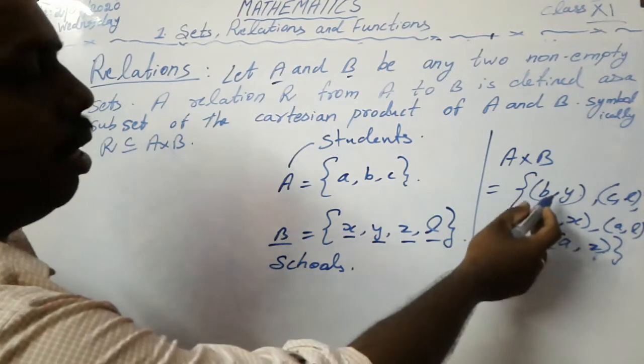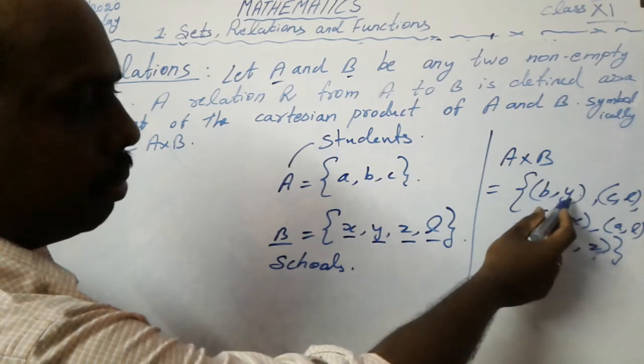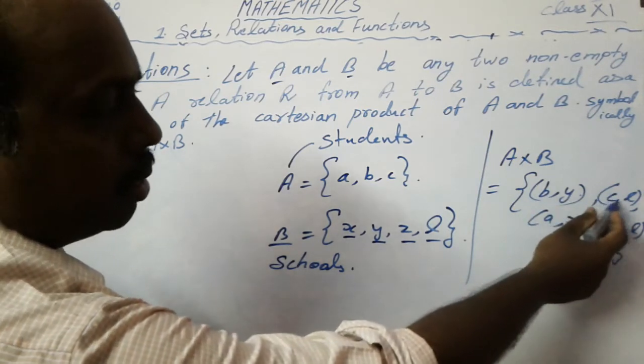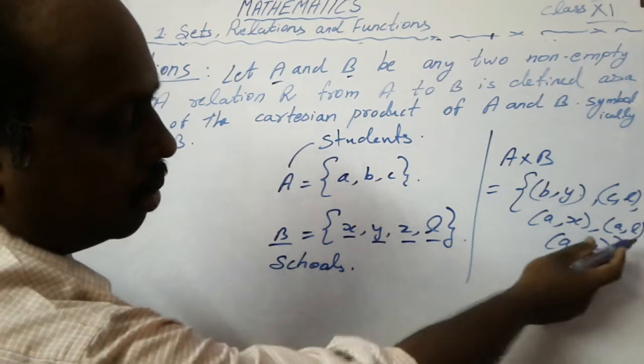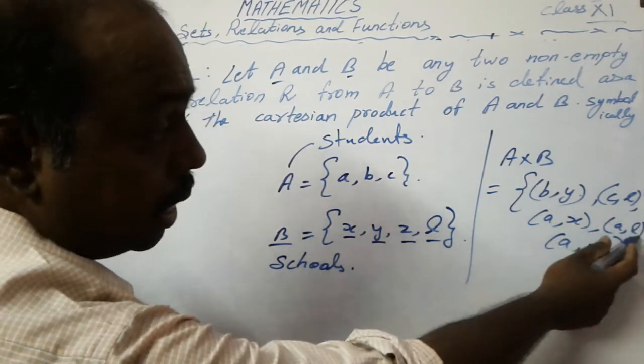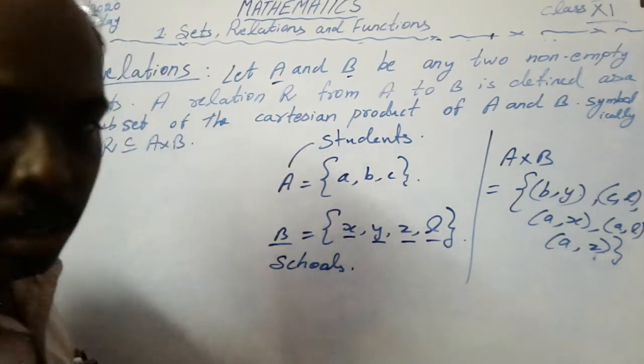Now this is an ordered pair. b represents student, y represents school, c represents student, l represents school, a represents student, x represents school, a represents student, l represents school, a represents student, z represents school.